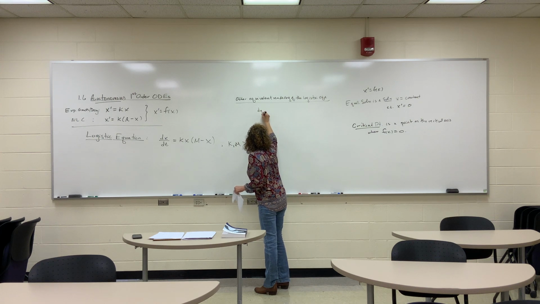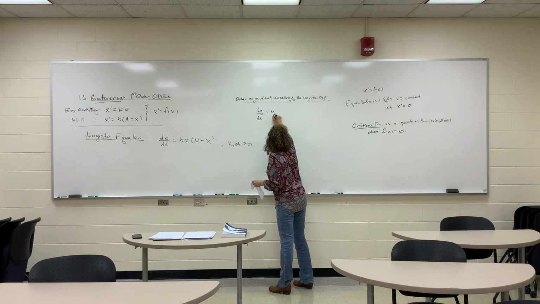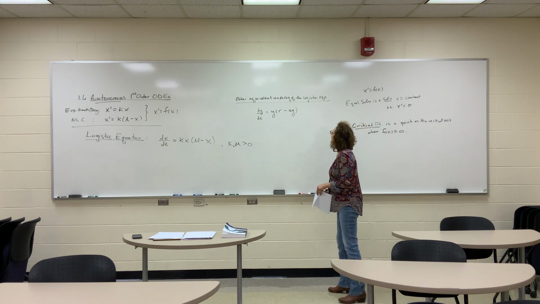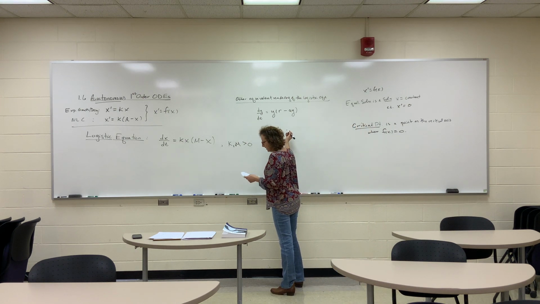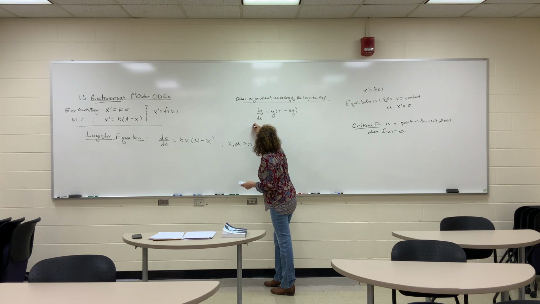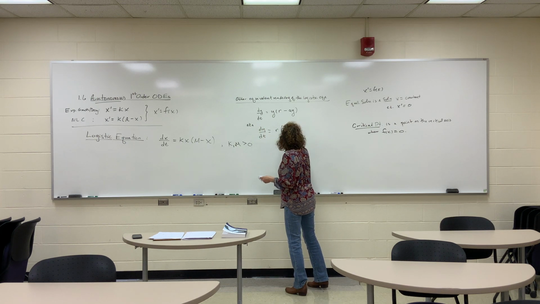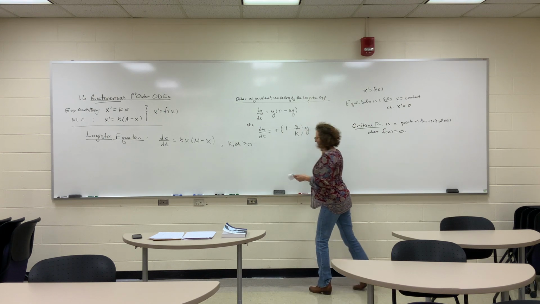Other equivalent renderings of logistic equations. One is the derivative of y with respect to t is y times (r minus ay). You know that r and a are constants, and y is your dependent variable. Another one is the derivative of y with respect to t is r times (1 minus y over K) times y.